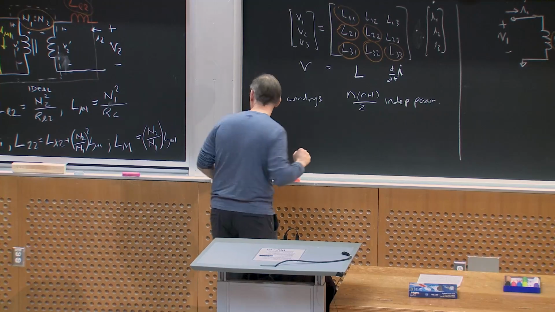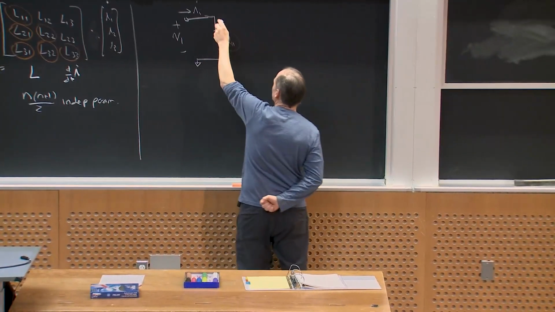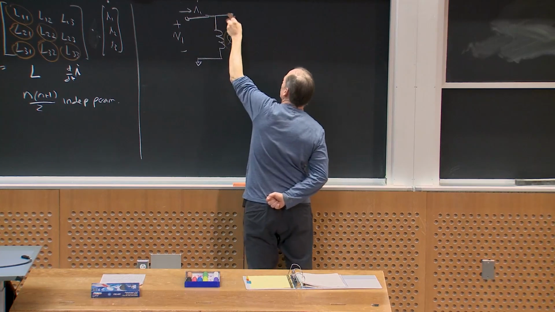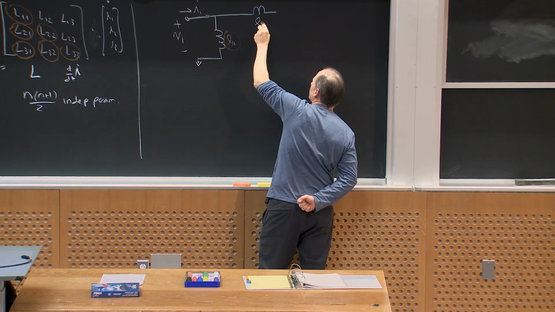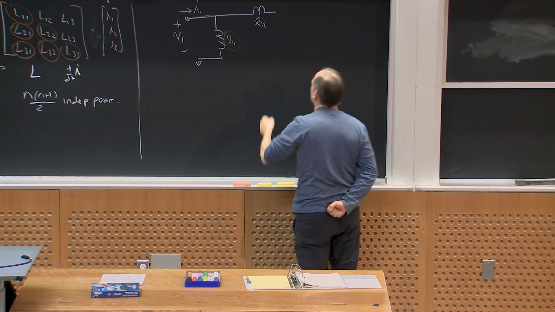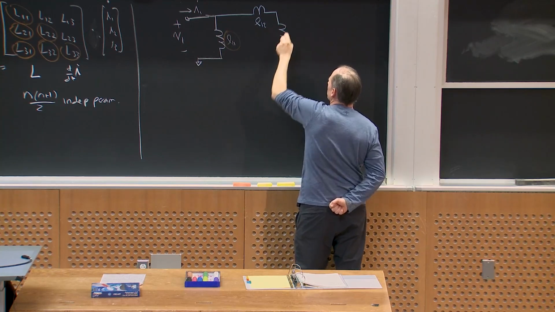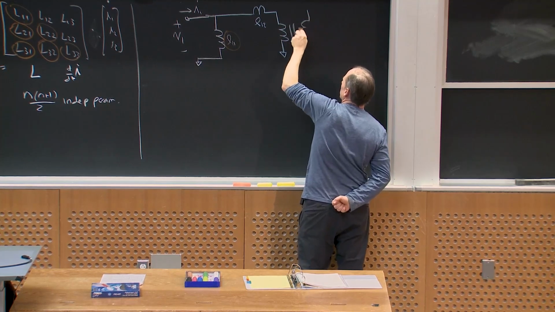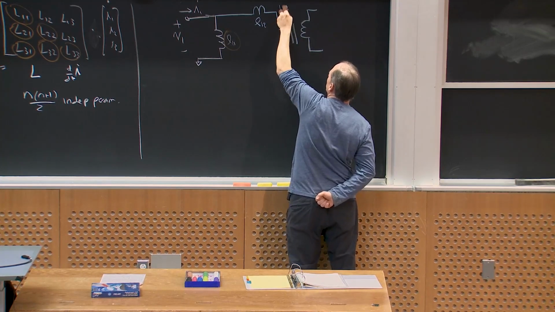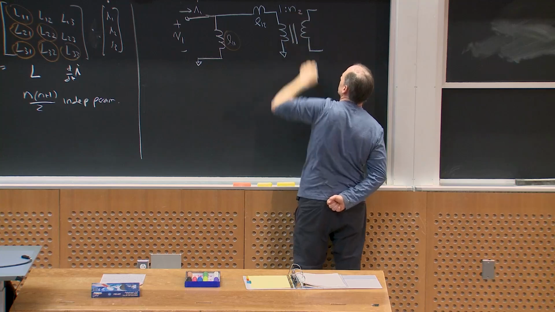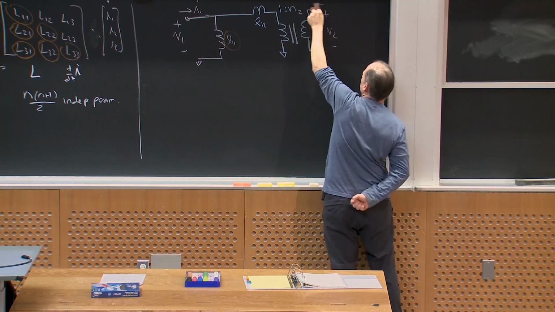Okay? So maybe I would add one more inductance. I'll call this L12. Okay? And then I'm going to add an ideal transformer and give it a transformation ratio 1 to N2. Okay? And then I'll call this V2 and I2.